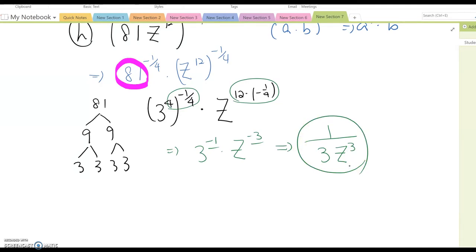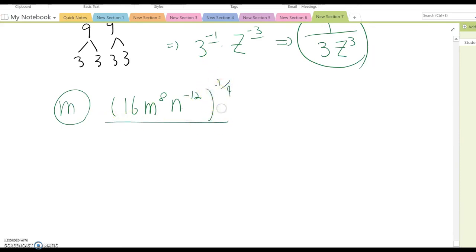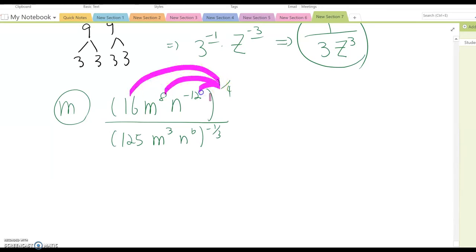So let's look at a very complicated question such as M. 16 m to the 8 and negative 12 to the 1/4 power over 125 m cubed and 6 to the negative 1/3. Okay, same thing. You distribute this power to every factor.